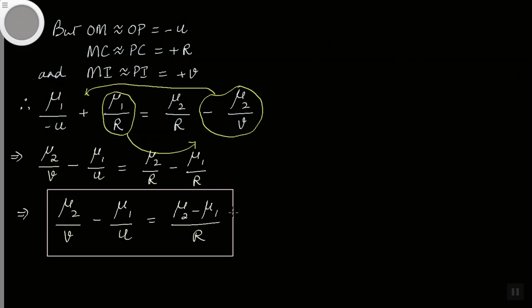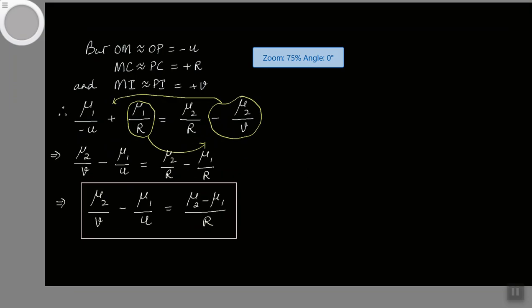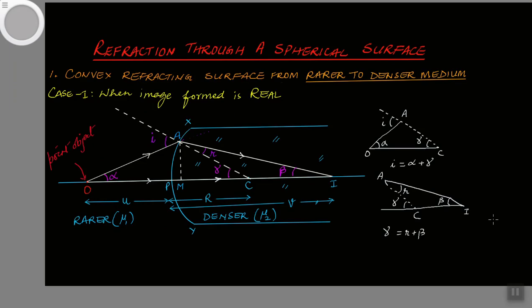So to derive this expression, you have to go right from the beginning. First of all, we draw this diagram, and you have to understand how to draw this diagram also.